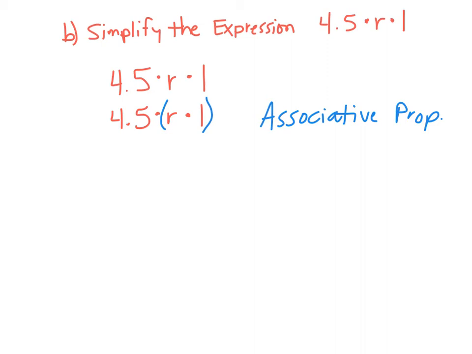I could fill any number in for it and it would still equal that number. So r times 1 is always going to be r, whatever r equals. So I'm going to put my r down here, and then multiply it by my 4 and 5/10. In this case, I used the multiplication property of 1.